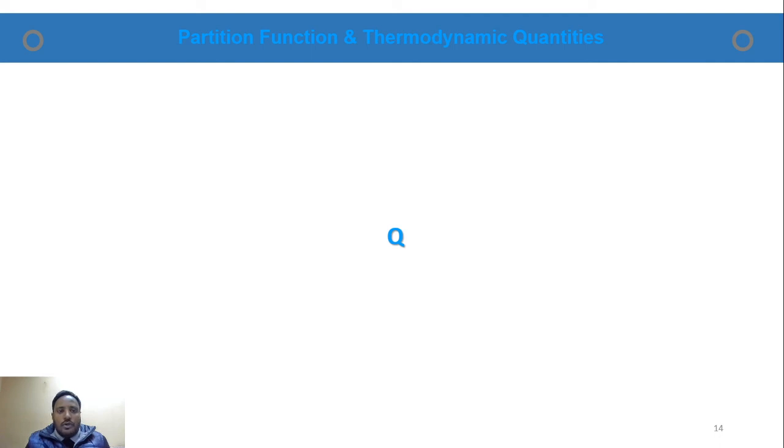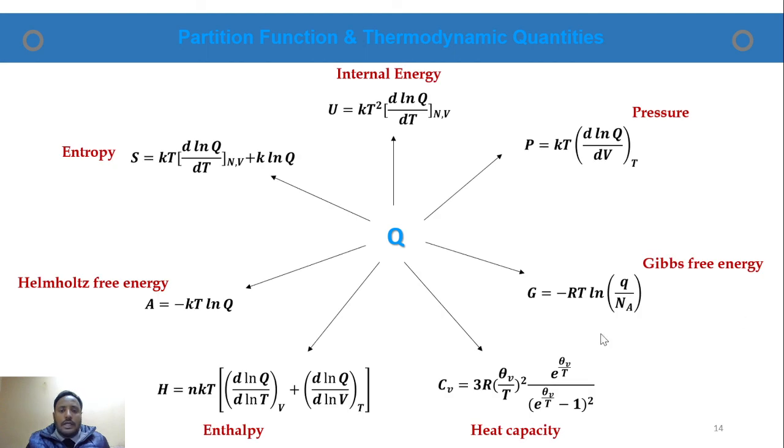Lastly, I will conclude by showing some of the important relations which can be derived from this canonical partition function Q. In fact, all of the thermodynamic properties of a system can be expressed in terms of the partition function Q. For example, the internal energy U is equal to kT squared times d ln Q by dT at a fixed volume and a fixed number of particles.